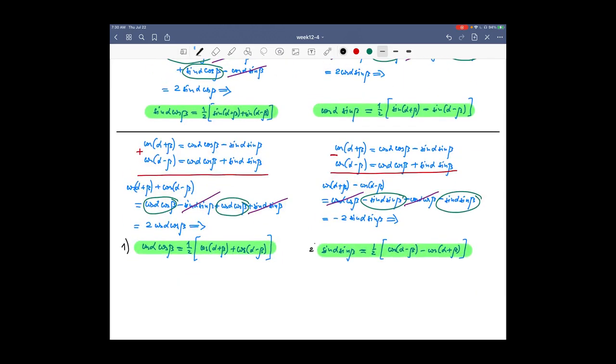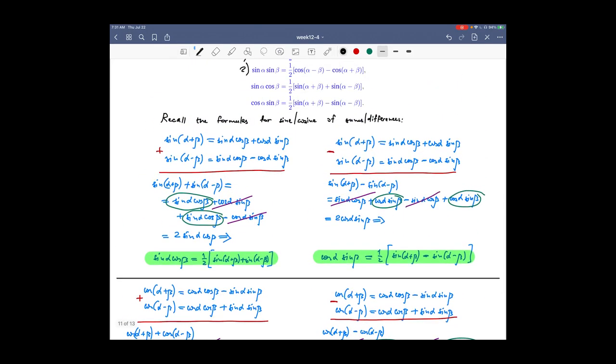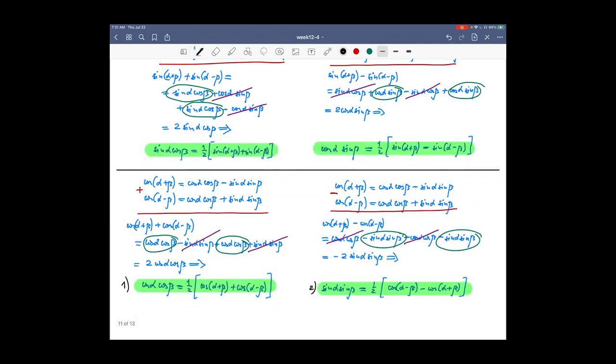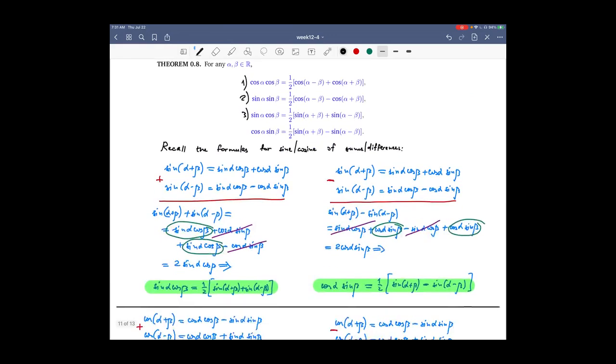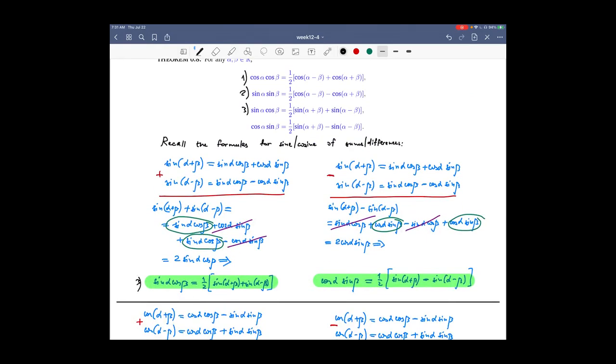That's formula 2. This here is formula 3. And this here is formula 4. We have all four of them proved.